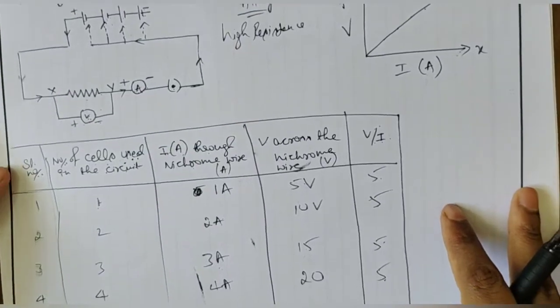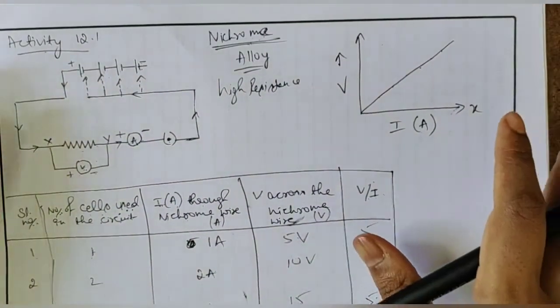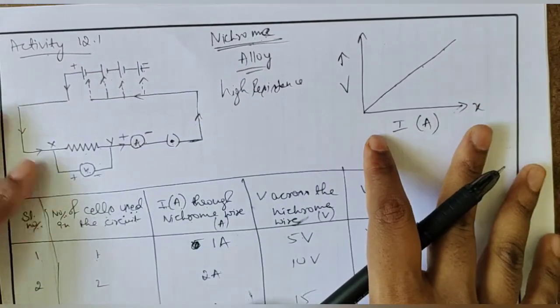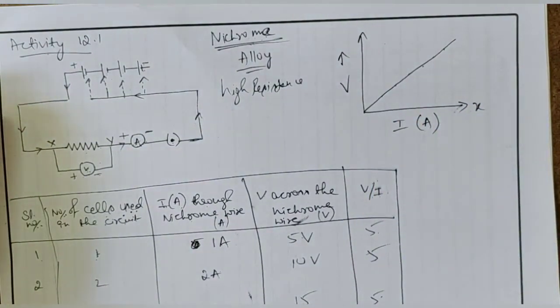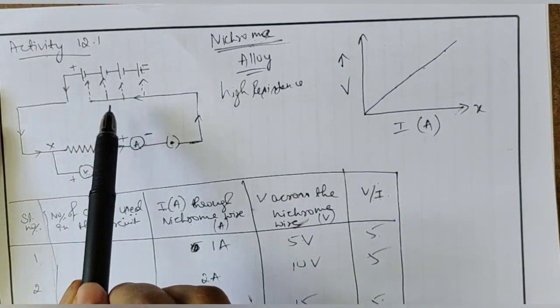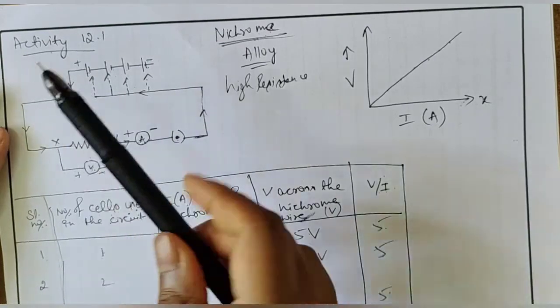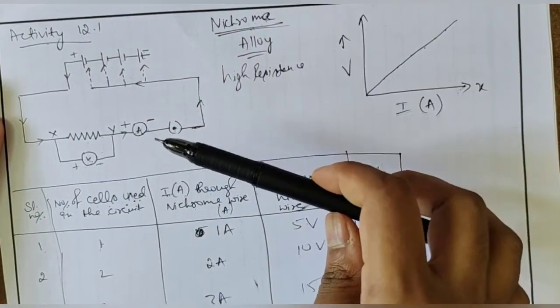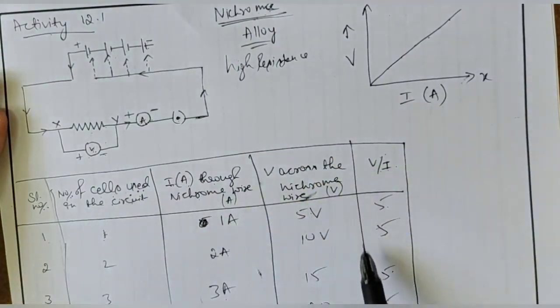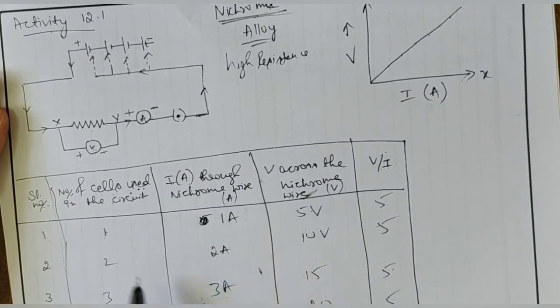At last we'll get to know the main conclusion from this activity. Now listen, for your main exams, from the examination point of view, they will always ask you to draw the circuit diagram used in the Ohm's law activity, or they will ask you to explain the activity. So you need to remember this tabular column, and you can just write the same values.